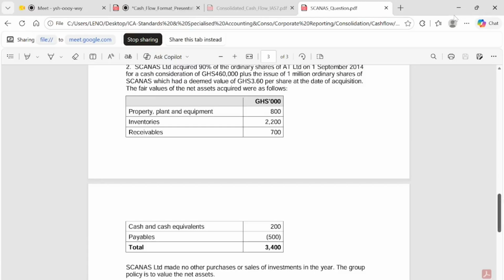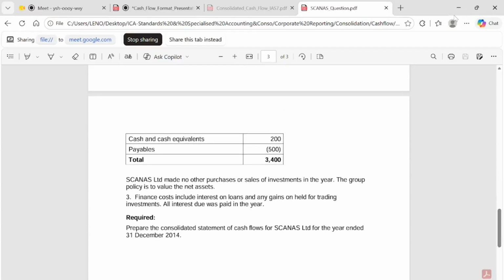So net asset at acquisition, 3.4. Now, Scanners Limited made no other purchase or sale of investment in the year. The group policy is to value the net assets. Finance costs include interest on loans and any gains on held for trading investments. All interest due was paid in the year.